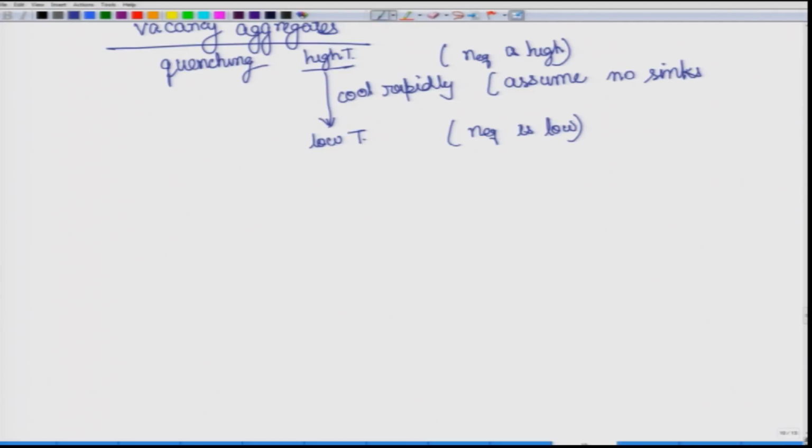Just like sinks, there will also be sources. So, there can also be a place where vacancies can appear, if we are talking about a real system, real material. So, assume no sinks nearby.